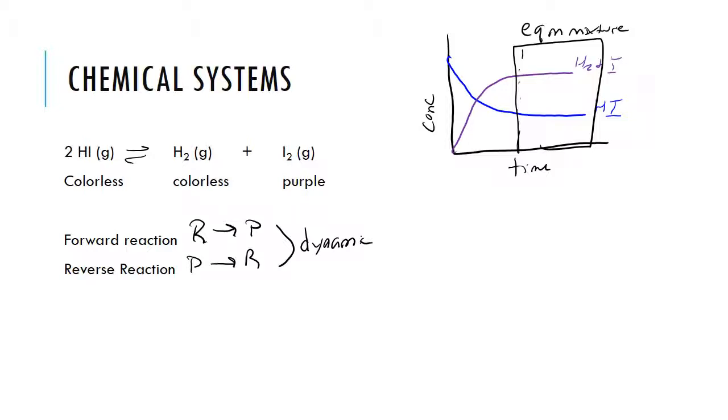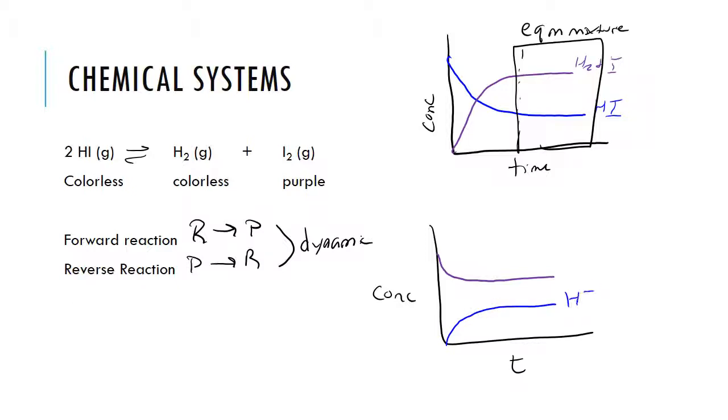You could look at this from a different point as well. If we have time and concentration, let's say we started with our products and we're going to do the reverse reaction. So we have a lot of our products made. We're going to see those decrease over time, and we're going to see our reactants increase over time. Essentially, what all this shows is no matter your starting point, reactants or products, you are ultimately going to get to the same equilibrium mixture.